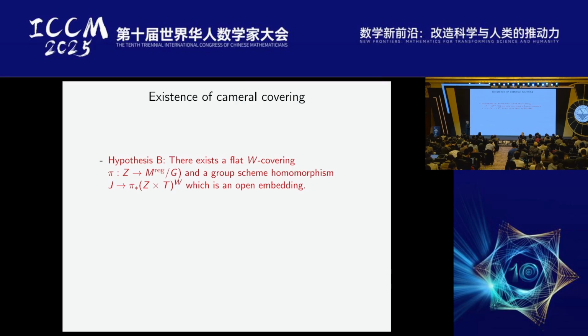So you have this regular quotient, and over the regular quotient you are given a smooth group scheme, the regular centralizer. You want to define that this regular centralizer actually comes from some covering, some very generalized covering. You want it to be flat coverings. Otherwise it doesn't make sense to take this kind of descent with W invariant.